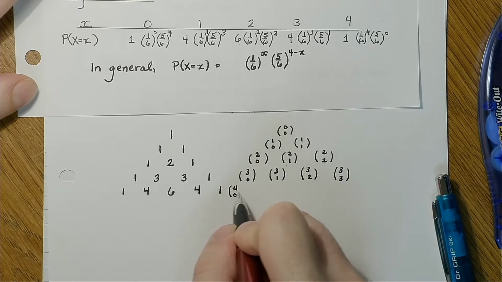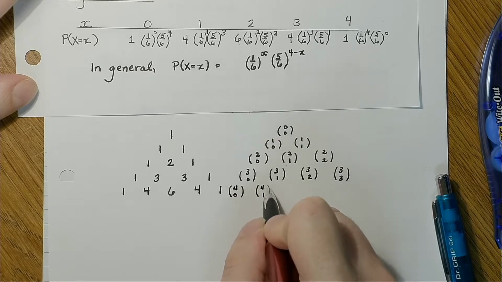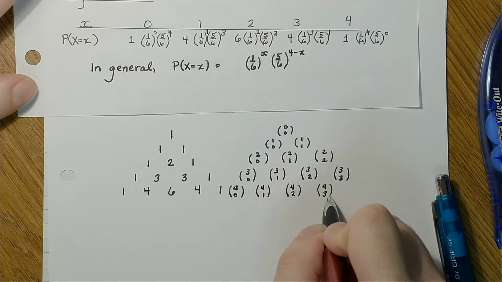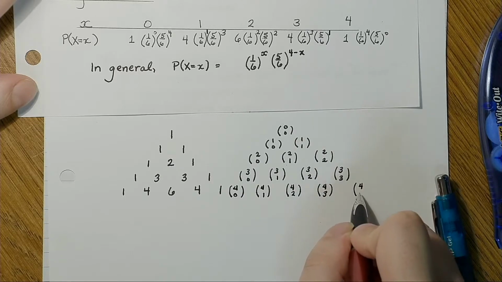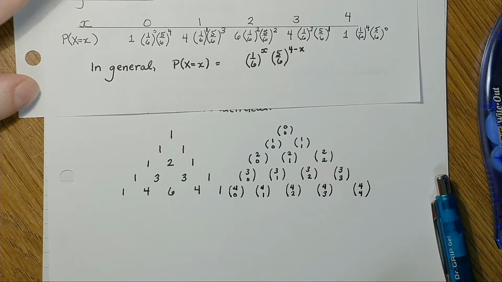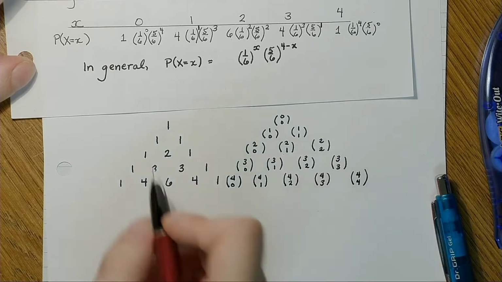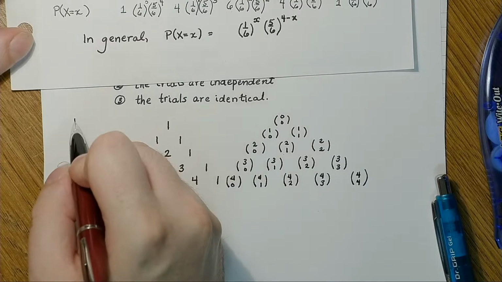So we have 4 choose 0, 4 choose 1. Okay. And everyone remembers this is Pascal's triangle.